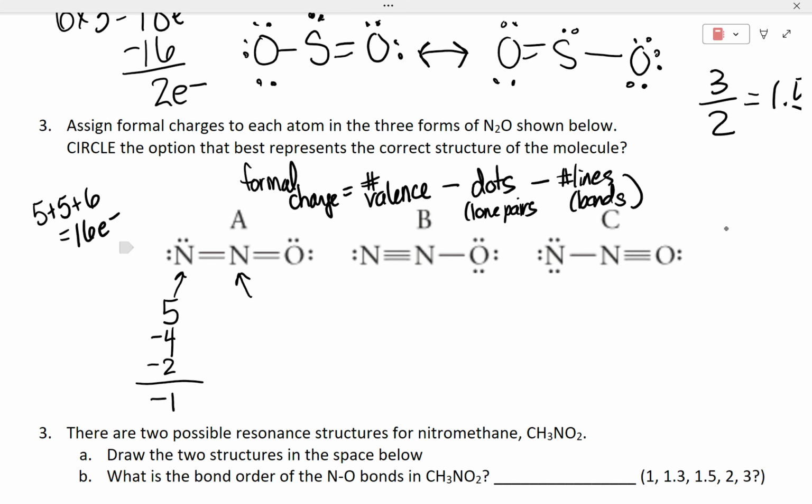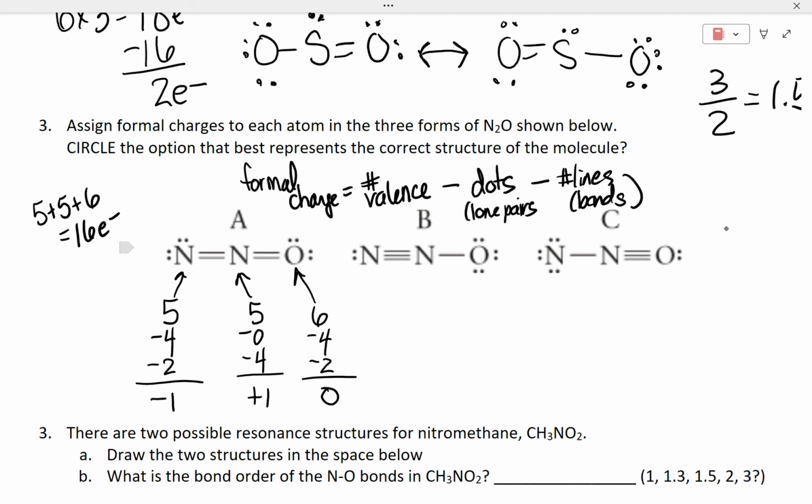This nitrogen normally would have 5 valence electrons. In this picture, it has no dots on it. It has 4 lines, so 4 bonds. So it's got a formal charge of +1. And then my oxygen over here normally has 6 valence electrons. In this picture, there are 4 dots on it and 2 bonds. So it's got a formal charge of 0.